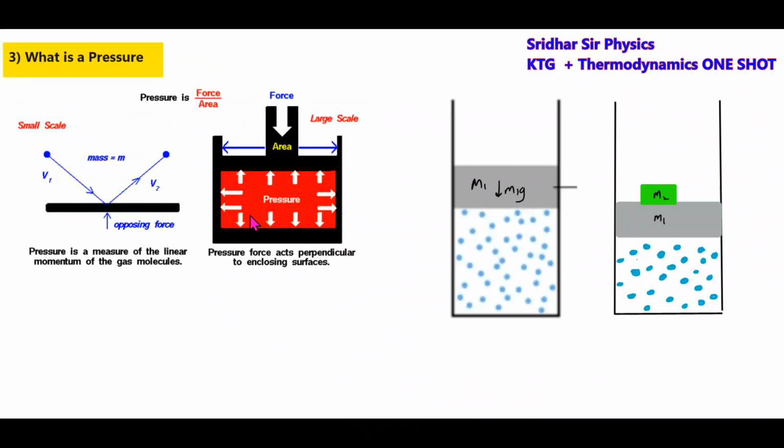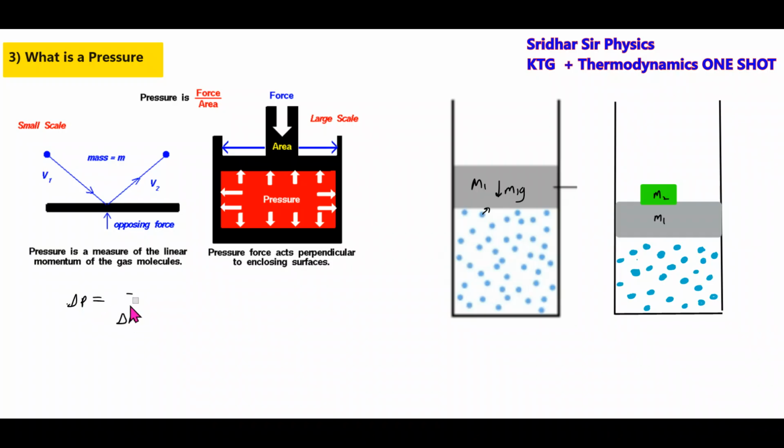Next we'll discuss the moving molecules. When these molecules move, they go and collide. Due to collision, there will be a change in speed, so here we deal with the change in momentum, delta P. This should be equal to force by area. Why is there a change in momentum?